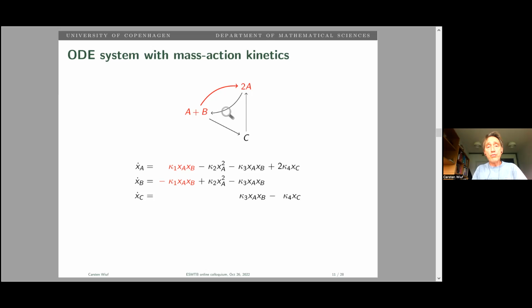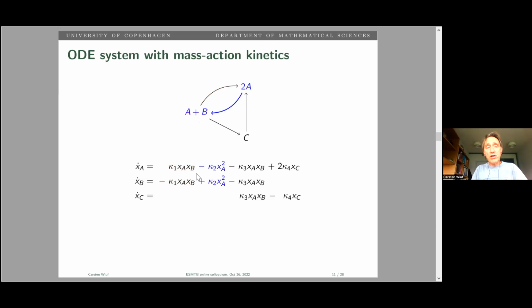We consume 1 B. So we have a decline in the amount of B by the rate at which the reaction occurs. And similarly, there's a gain of 1 A in the reaction from A plus B to 2A, comparable to the rate of the reaction.